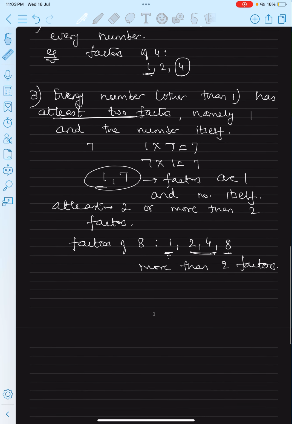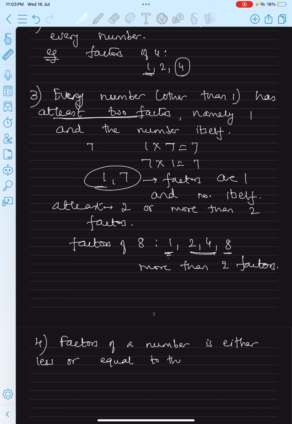Now the fourth point is factors of a number is either less than or equal to the number.